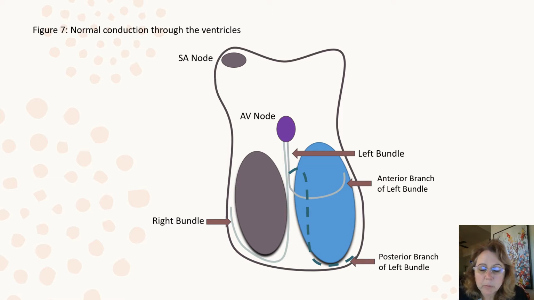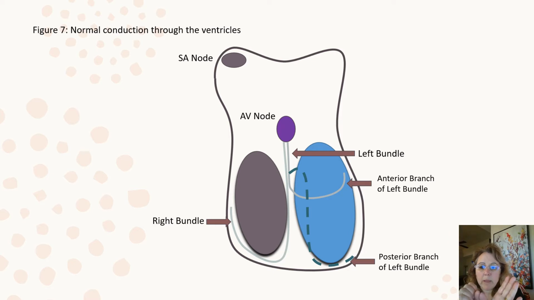What is supposed to happen is that they are both depolarized at the same time, and therefore they contract at the same time. That provides the most optimal cardiac output. When the ventricles work synergistically together, you have the best contractility.